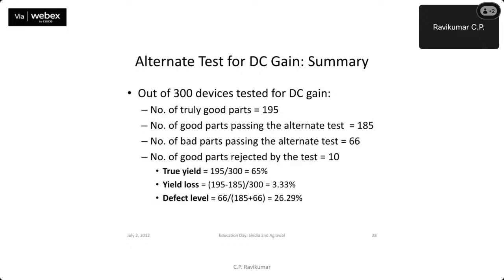And they say that 185 of them were passed by the alternate test. So the alternate test was stricter. It failed some of these, which are actually good. As a result, there was a yield loss. About 10 ICs out of 300 were failed.